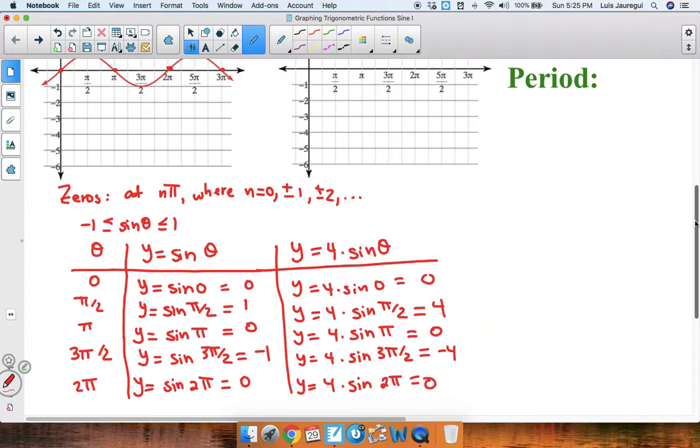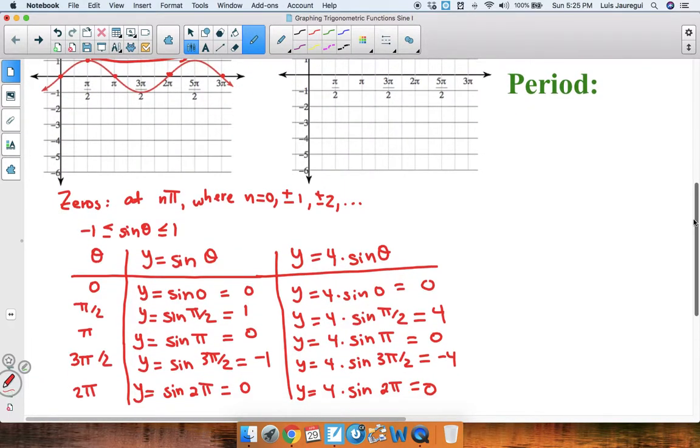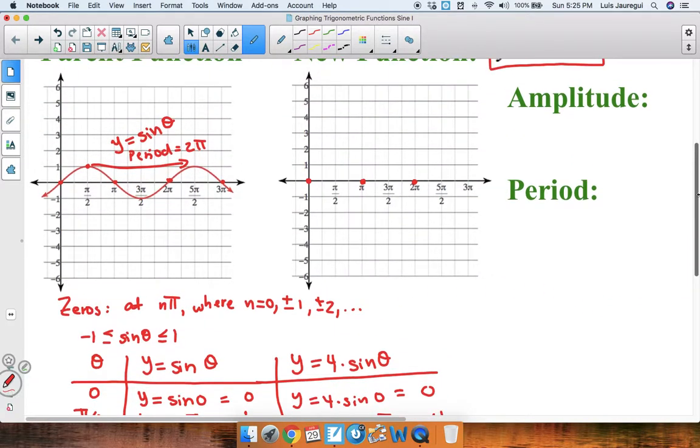So let's go ahead and plot these particular values. For theta being 0, we get an output of 0. For theta being pi, we get an output of 0. And for theta being 2 pi, we get an output of 0 for y equals 4 times sine of theta. However, when we have pi over 2, the output is 4. So let's get that point plotted.